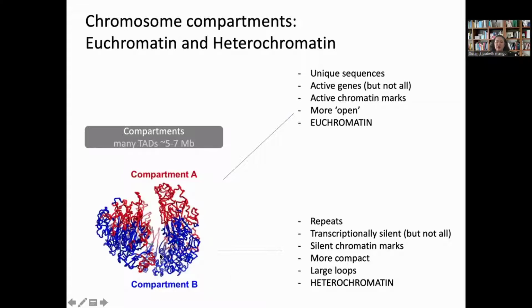It has large loops of DNA that go into making this structure. So this is the more silent part of the genome. And it makes the point that the more silent and the more active tend to be separated from each other and clustered, the like with the like, in space.